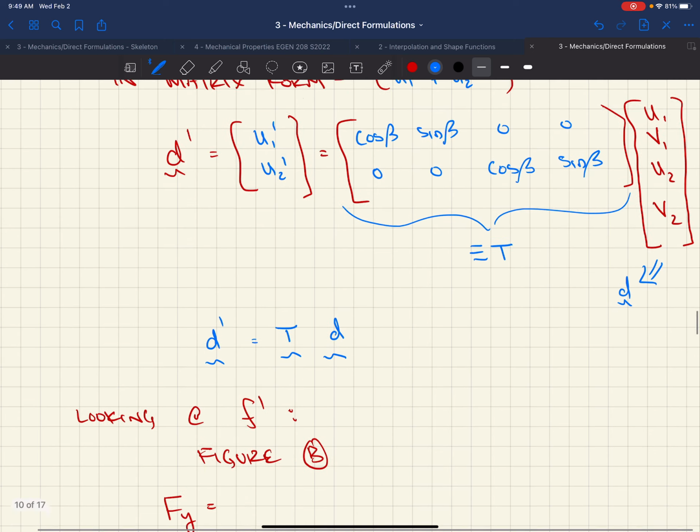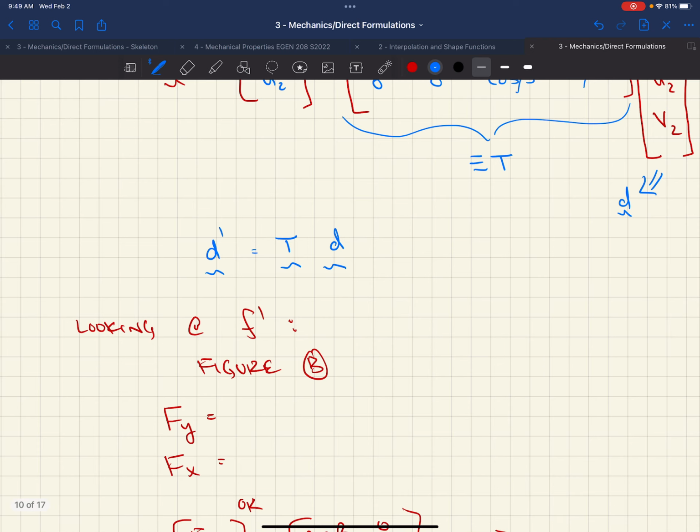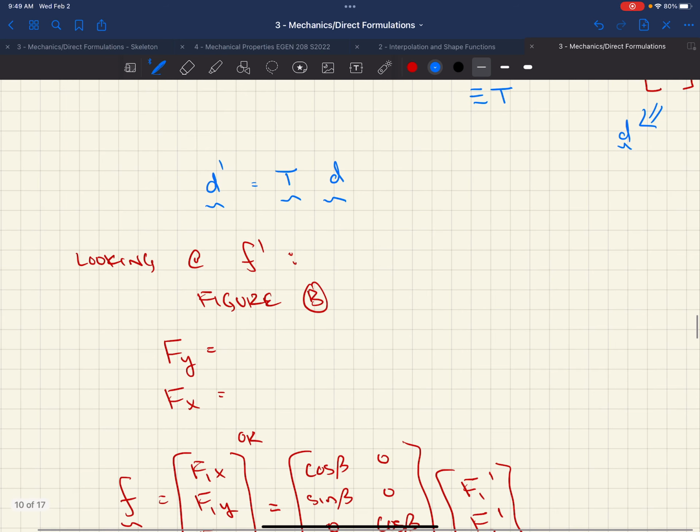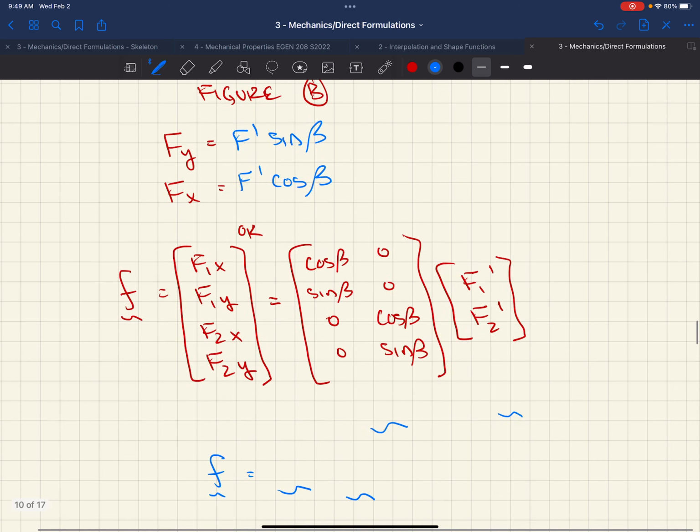Obviously, we need to take and relate our local forces, the forces along the axis of our linear bar, to the forces in the components in the global sense. Similarly, from figure B, we get this f1 sine beta, that's our component, and f1 cosine beta. F1 or f prime, sorry, because we're going from our local f prime to our global fx, fy.